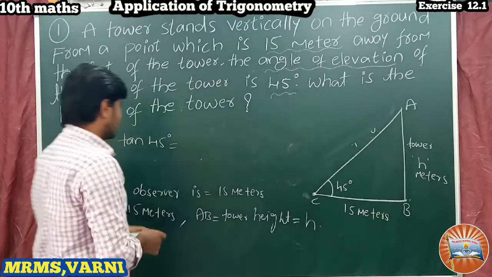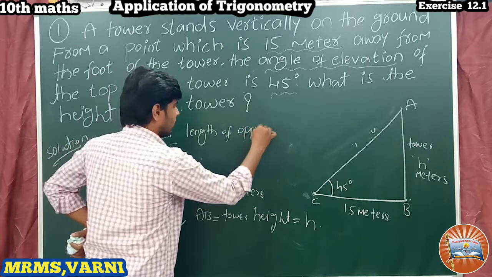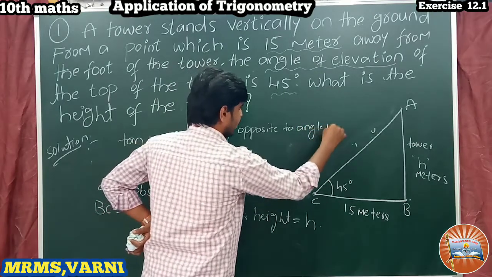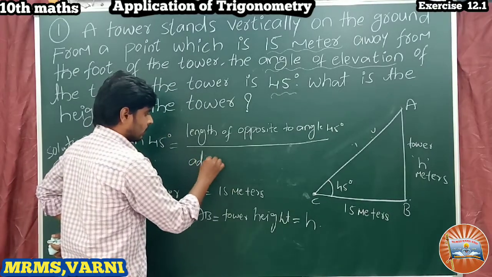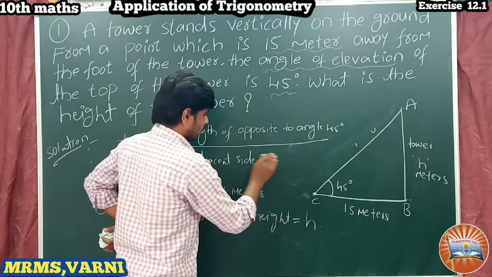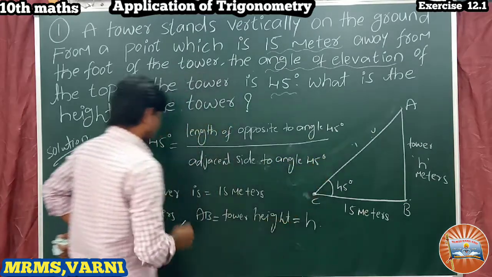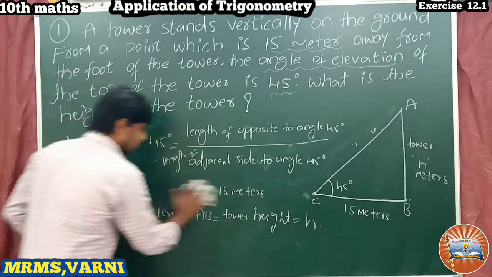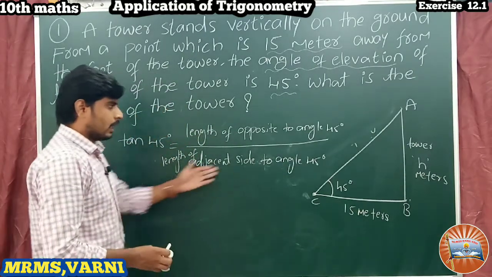That is, the length of the opposite side to angle 45 degrees by the length of the adjacent side to angle 45 degrees. I forgot to write length of. Is it clear?